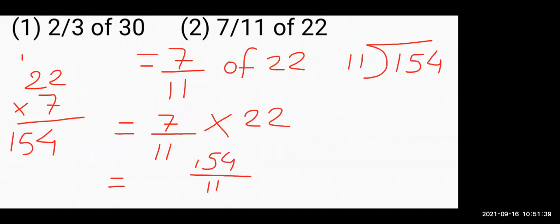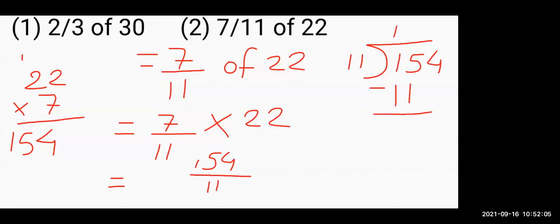So what should I take? 11 1s are 11 or 11 2s are 22? Very good. We are going to take 11 1s are 11, because if I take 11 2s are 22, we do not have to take a number bigger than 15, we have to take a number smaller than 15. So 11 1s are 11.